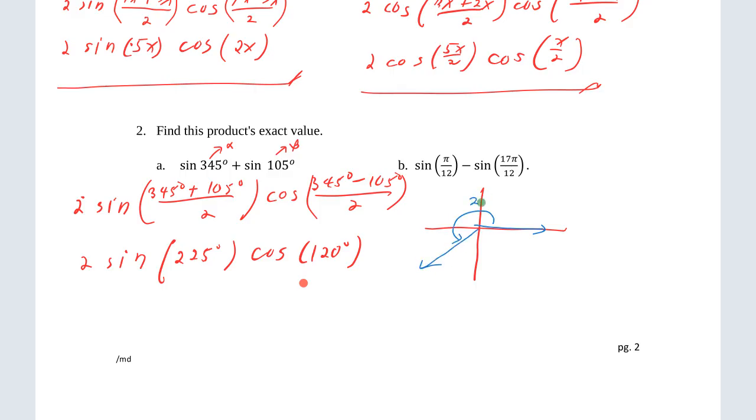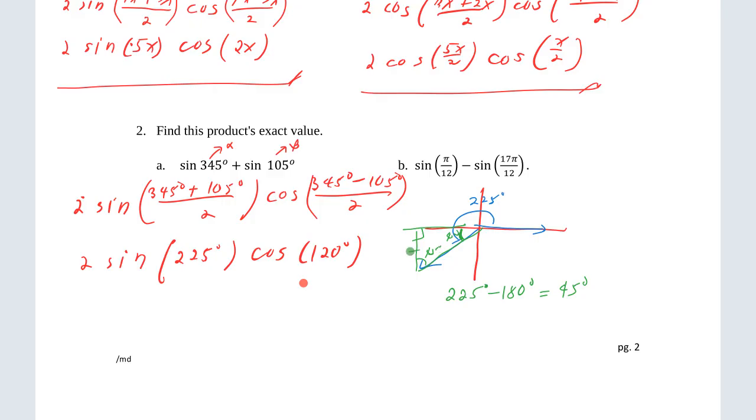To find the reference angle here, we subtract 180 degrees, the straight angle, from 225 degrees, which gives us 45 degrees. So therefore, this is a 45 degree angle. If I draw a right triangle here, now I'm getting a 45-45 degree triangle.